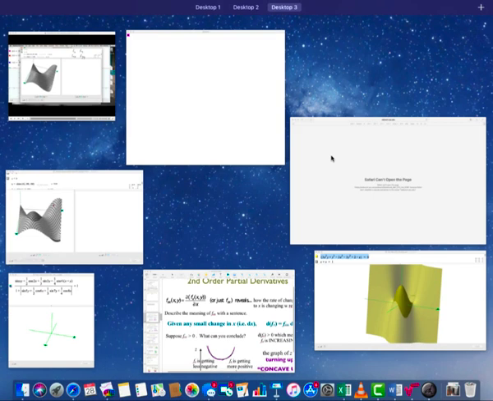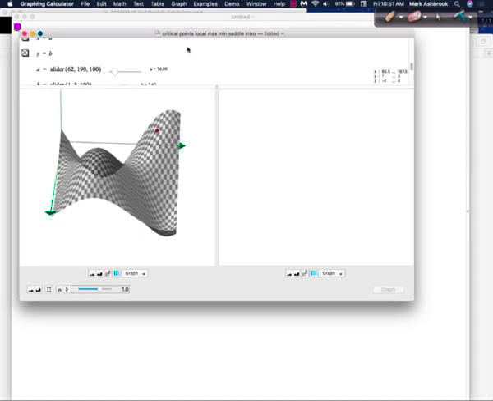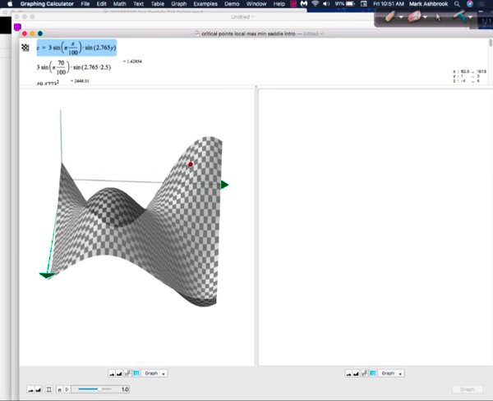Okay, very good. So let's just review, we're going to talk about second partial derivatives today. So let's review first partial derivatives. I've got this multivariable function here and a point on it.